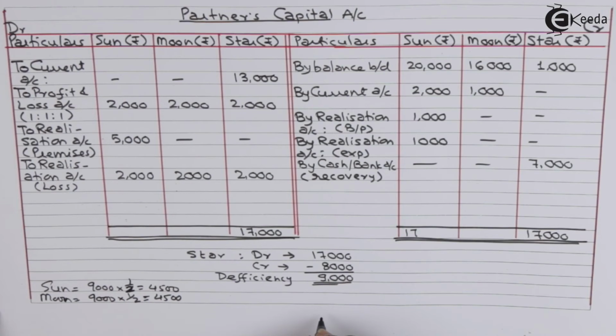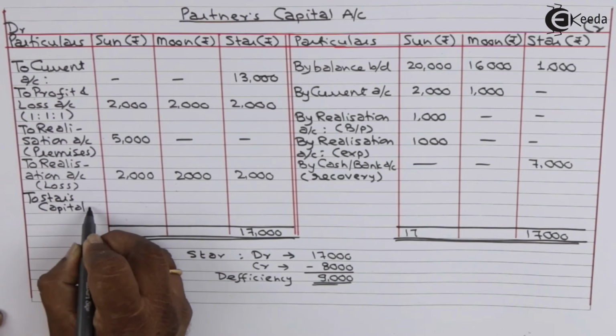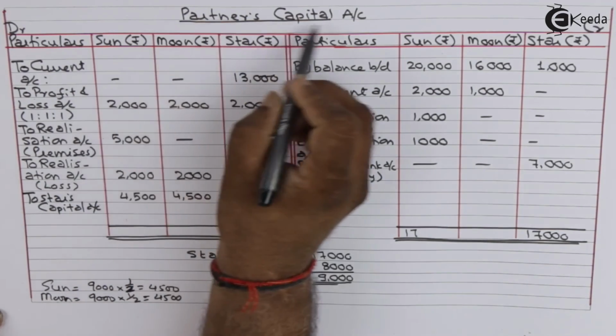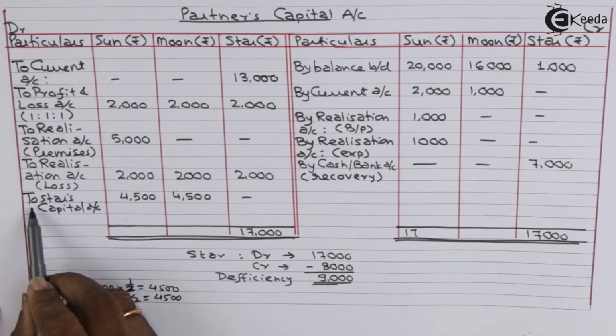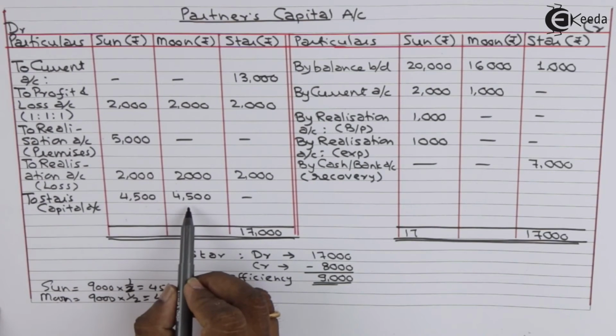So your 9,000 will be divided among solvent partners Sun and Moon in equal ratio, 4,500 each. It means Sun and Moon's capital will be debited and Star's capital will be credited.